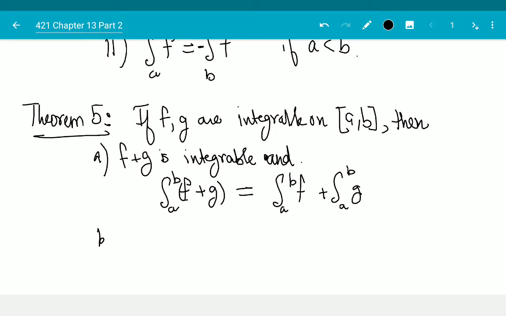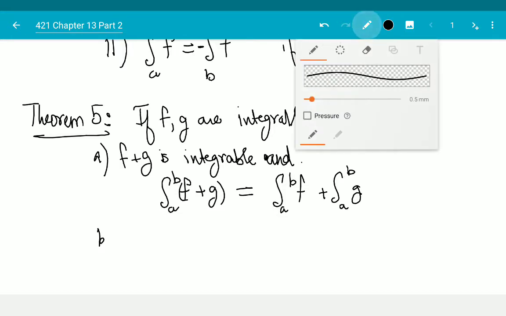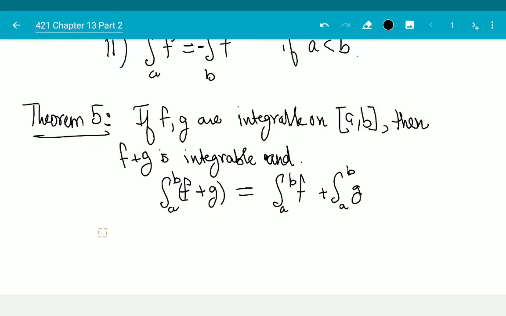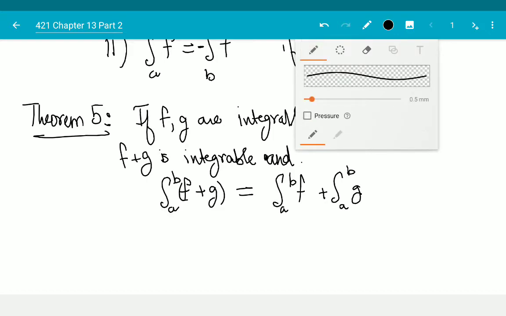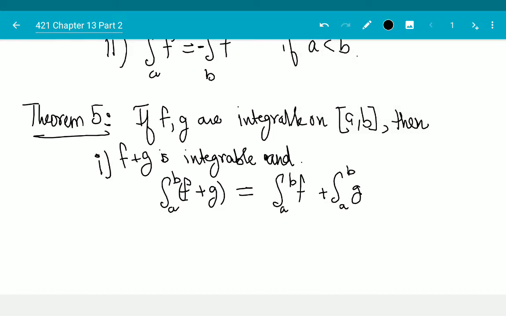And second, I shouldn't have called these a and b, I should have called these 1 and 2, since I'm already using the letters a and b.